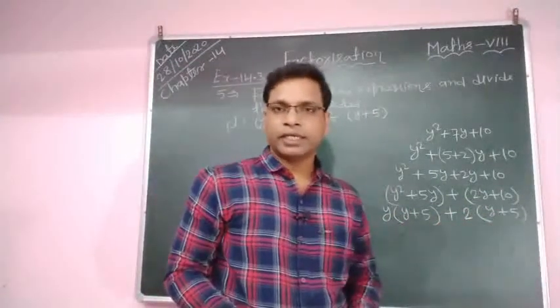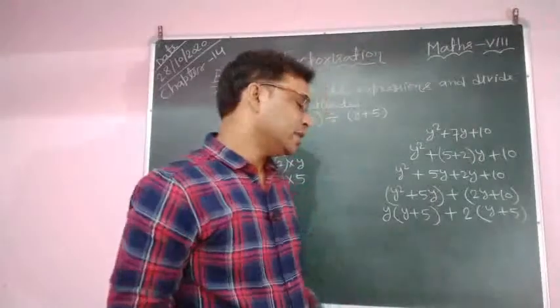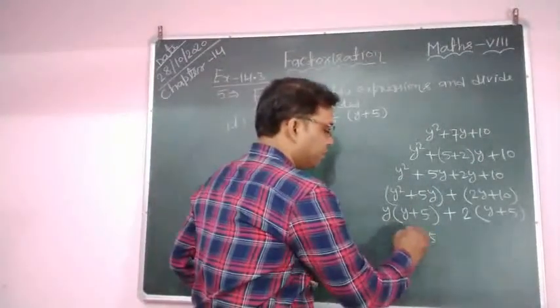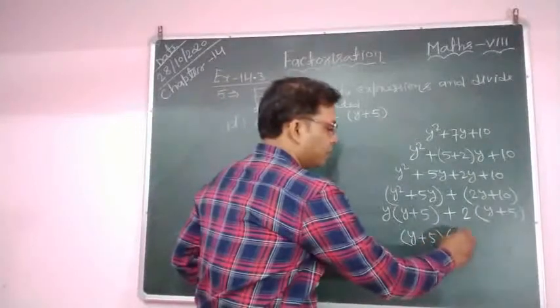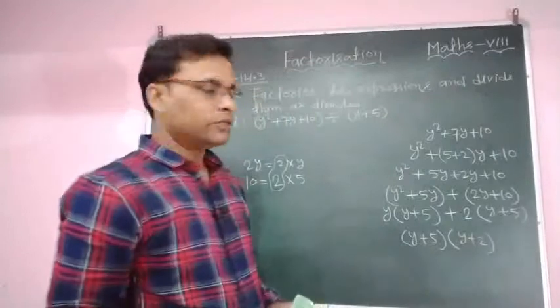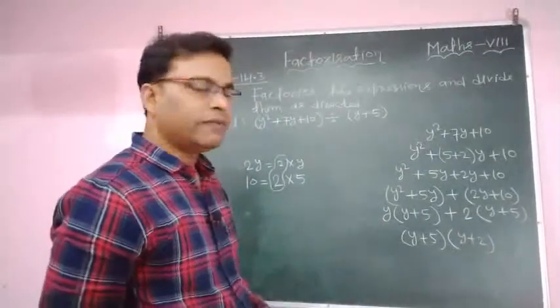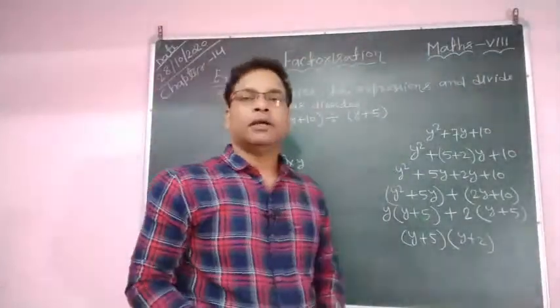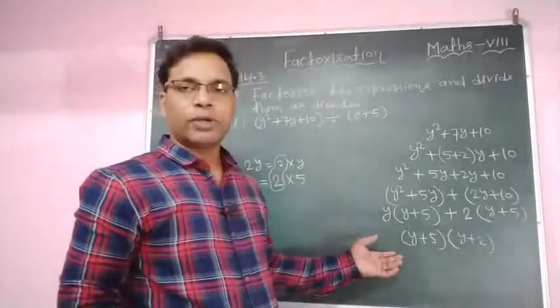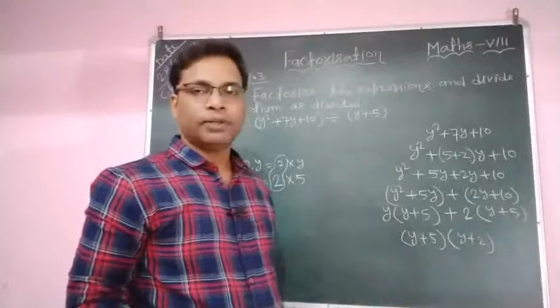So you can take common y plus 5. Then we obtain y plus 5 into y plus 2. This is clear. So in this way we find the factorization of y square plus 7y plus 10. This is equal to y plus 5 into y plus 2.